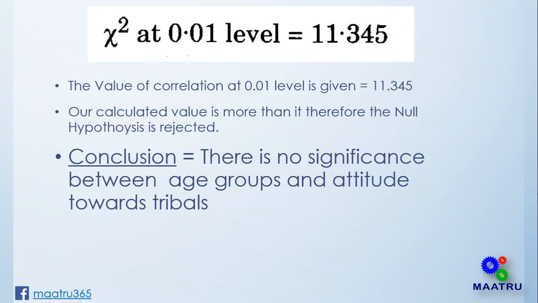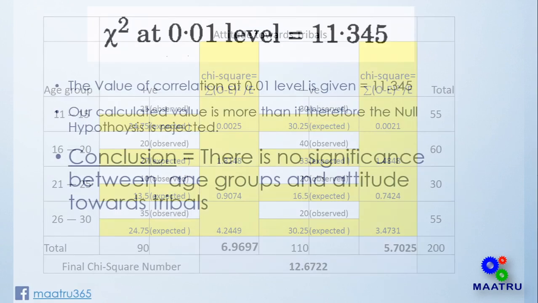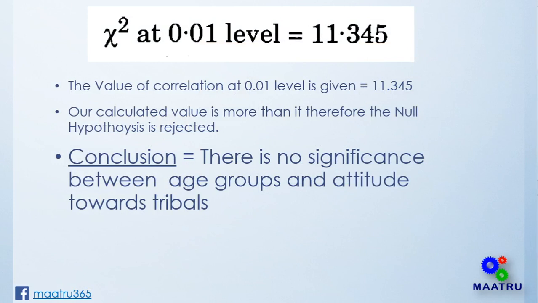The value was 11.345 at the 0.01 level, meaning 1% variation is allowed, and our calculated value, 12.6722, is more than 11.345. Therefore, the null hypothesis is rejected and the alternative accepted. The conclusion is there is a significant relationship between age groups and attitude towards travels.